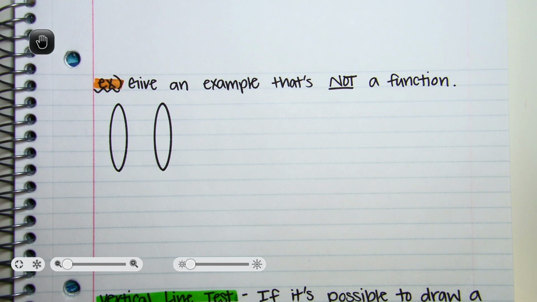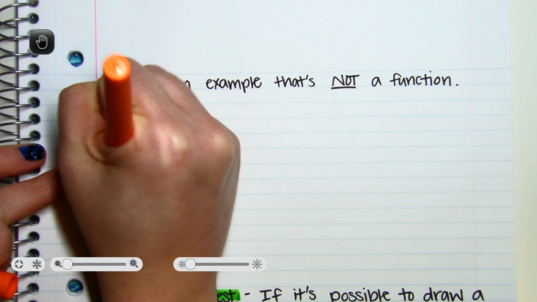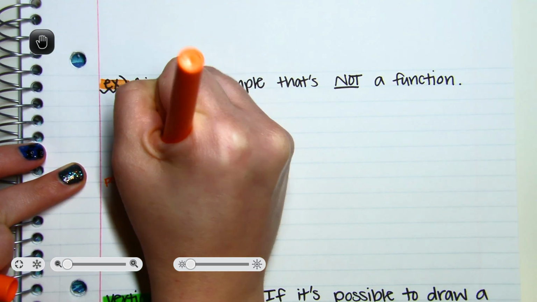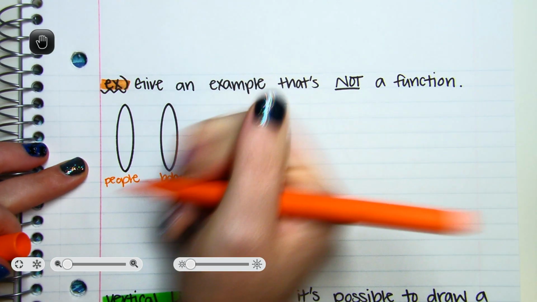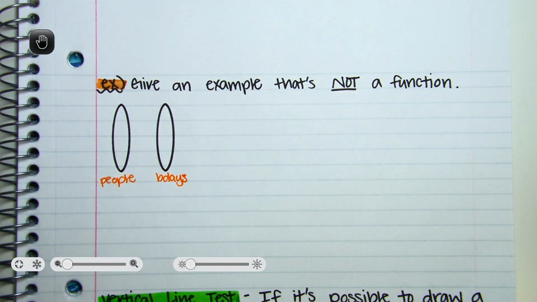So let's just fill in random numbers. And again, I'm going to label this, these are my people, and these are my birthdays. So for the sake of using this analogy and making it make sense, instead of using negative numbers, I'm just going to do all positive numbers for the visual learners.